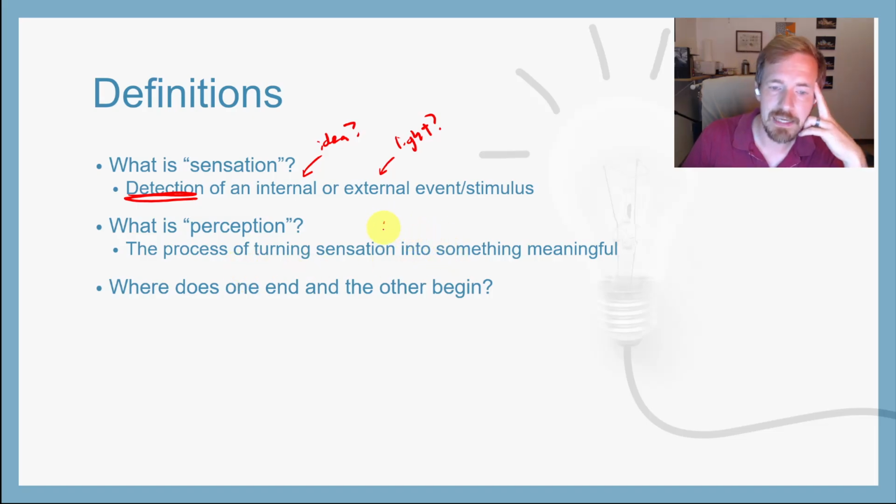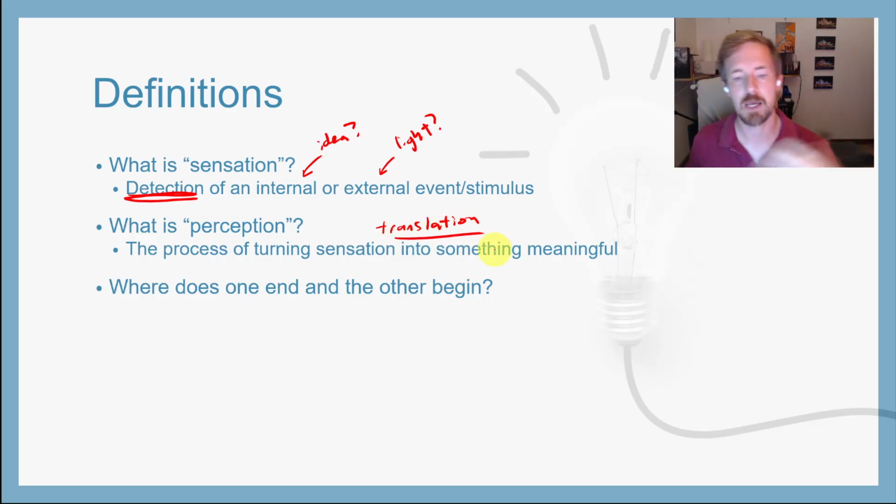Perception, I think the key word here, at least the way that I think about it, is translation. Perception is all about translating what you have detected. So if you see light, you're translating that for your brain to understand that, oh, this is a bright light versus this is a dim light, or this is a bright light for this circumstance.